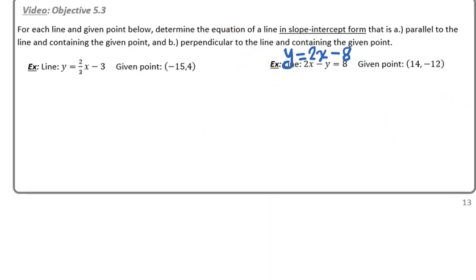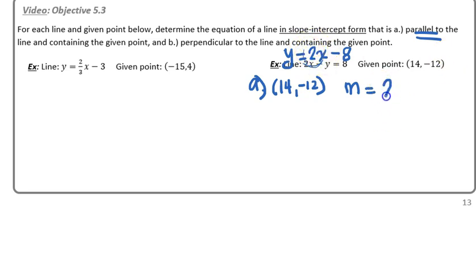Okay. So now in part A, we're finding the equation of the line that contains this point, (14, -12), and has this slope. Well, in part A, we're finding lines that are parallel to the given line. So parallel lines have exactly the same slope.